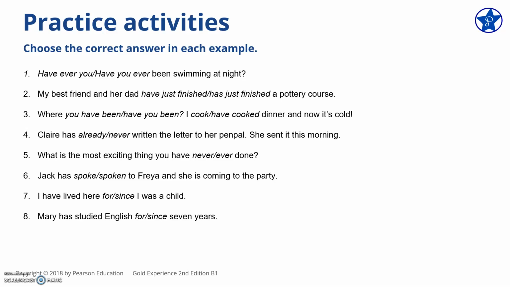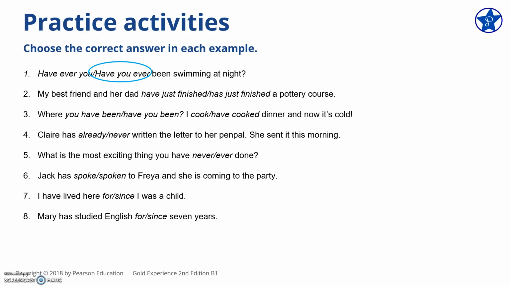We said in the previous slide that the adverb of time goes between have and before the main verb. But what happens in questions? Well, the adverb of time always appears after the subject as well. So, the correct answer is: have you ever been swimming at night?